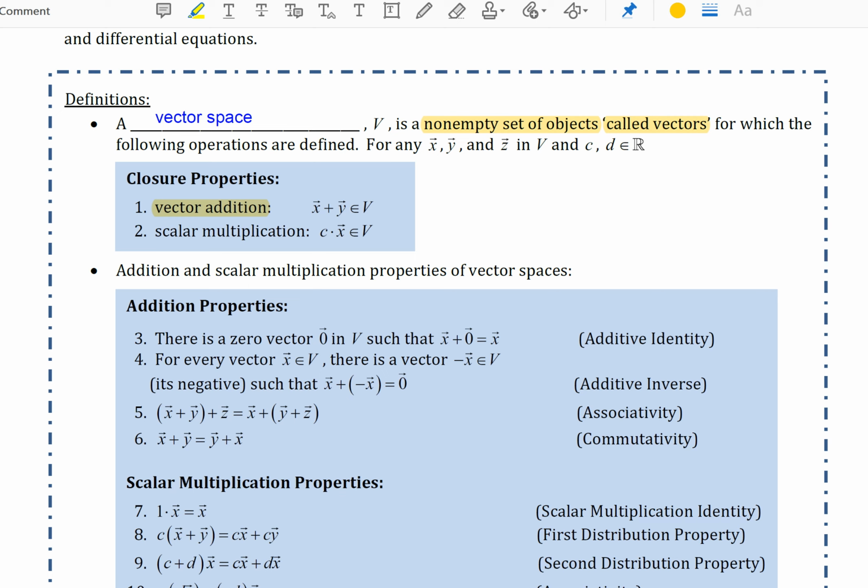The scalar multiplication of any element in your space stays in your space. These two properties are what's called the closure properties, and these are required to show that a set satisfies the properties of a vector space.